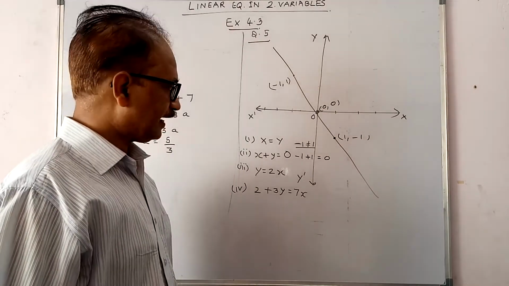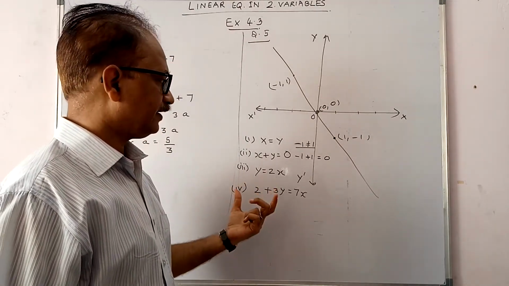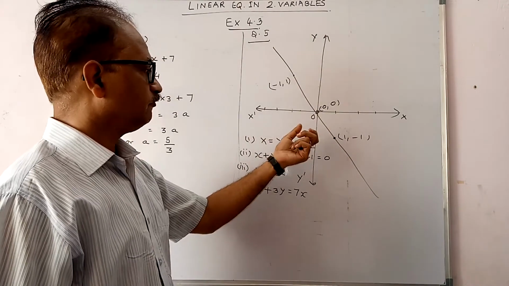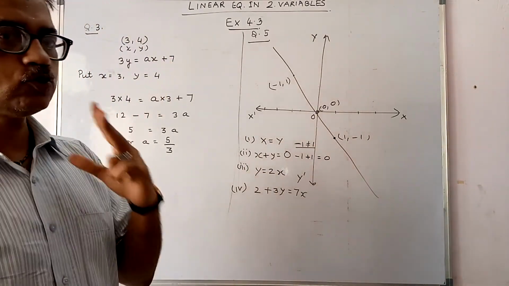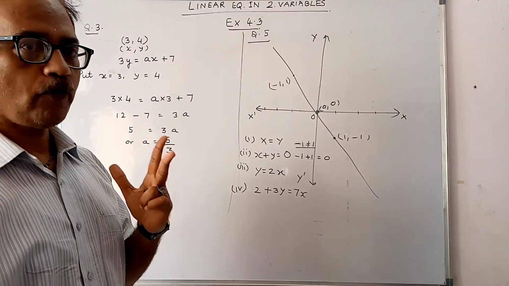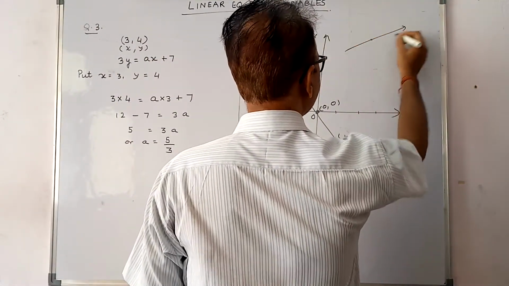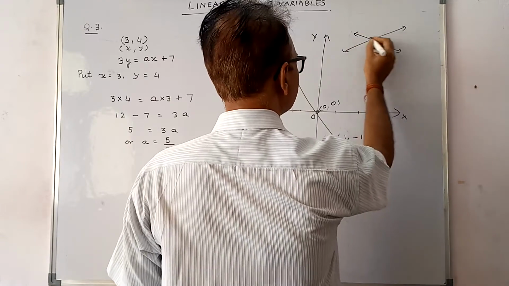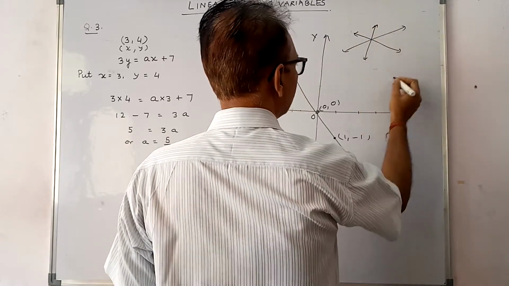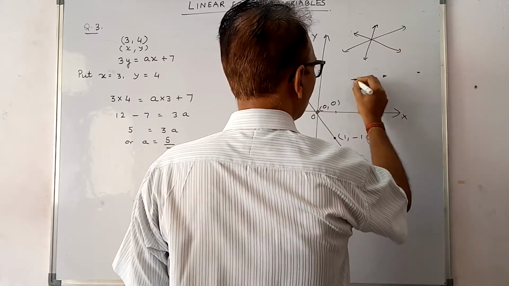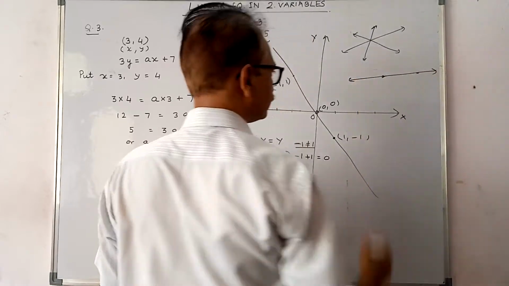But to confirm a line, we know that there should be at least 2 points, because through 2 points one and only one line can be passed. If there is 1 point, an infinite number of lines can pass through it. But if there are 2 points, only one line can pass through them.